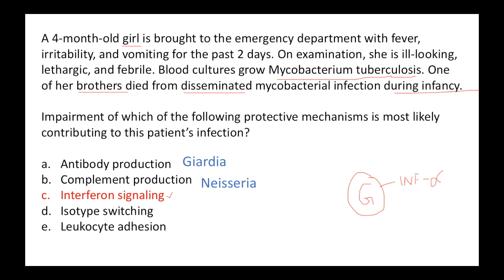And with isotype switching, similar to antibody production, you're just unable to produce IgEs or IgAs, things that you wouldn't normally see initially. And what's important here is the CD40 mechanism there. And then with leukocyte adhesion, your classic sign for this is the umbilical cord stump not falling off. And what's important here is CD18 and cutaneous lesions occurring. Any questions about this guy?